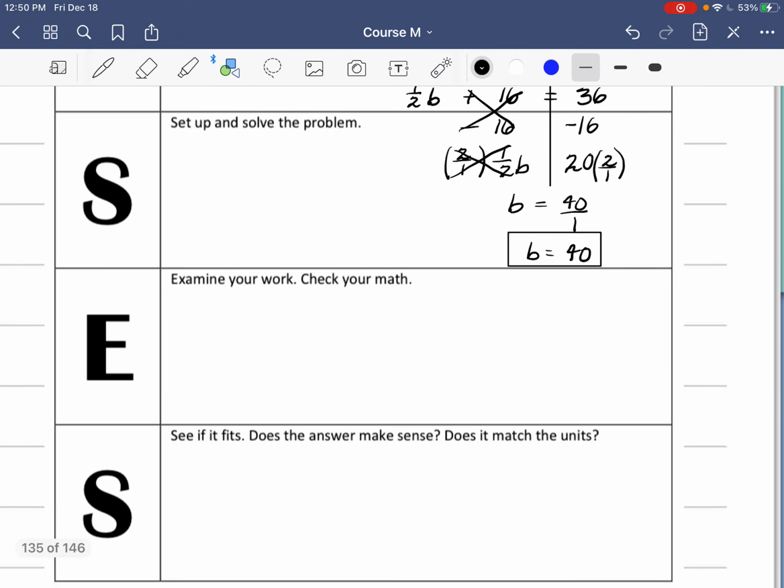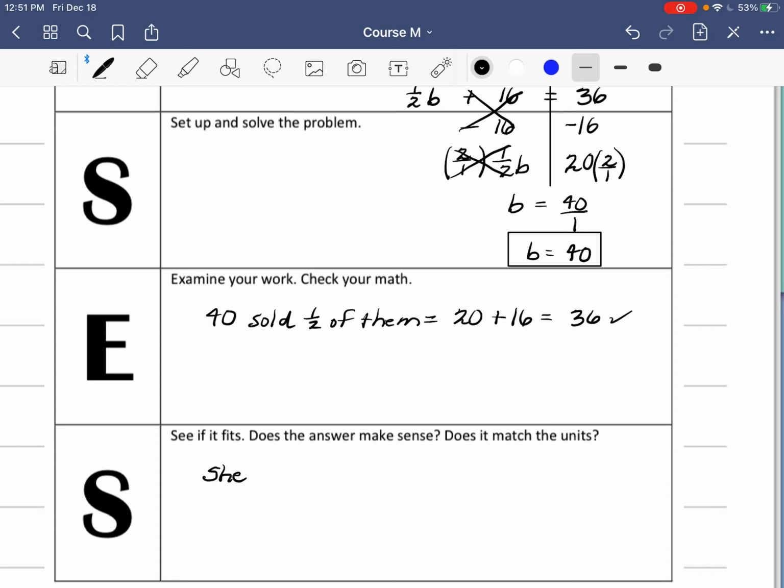So let's see if this proves to be true. She started with 40 books and she sold 1/2. So that left her with 20. And then she added 16, she bought 16, and that brings her to 36, and that's where she is now.